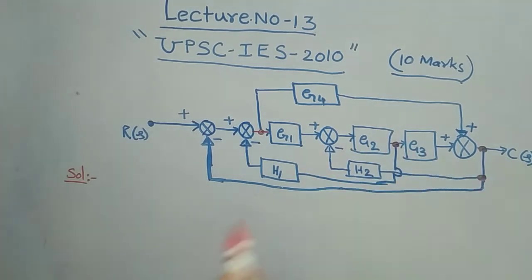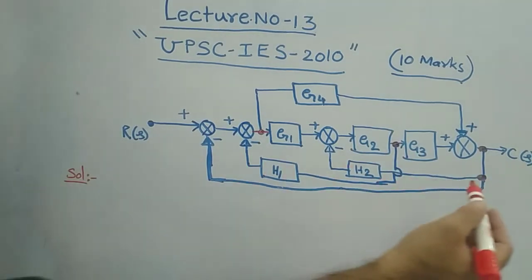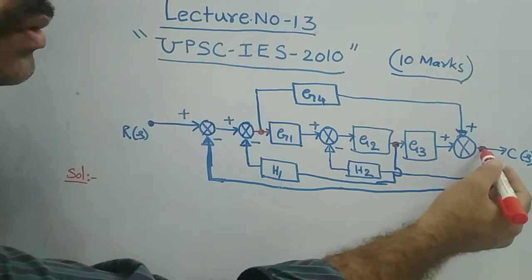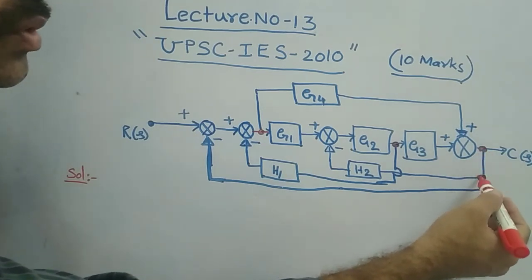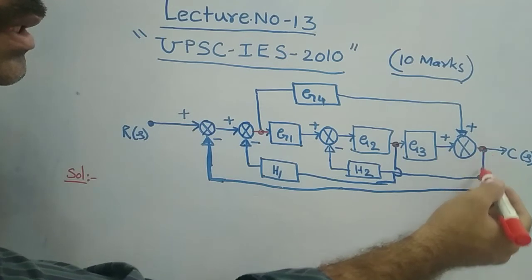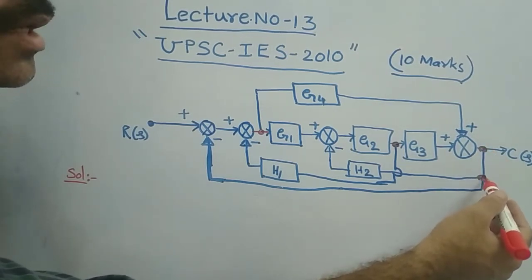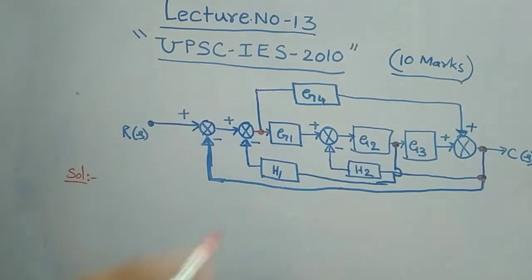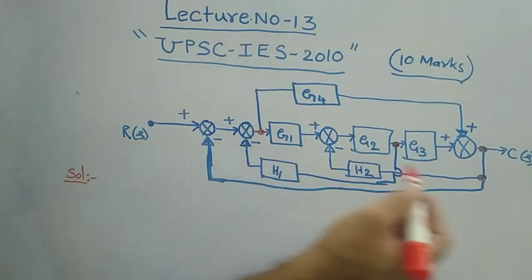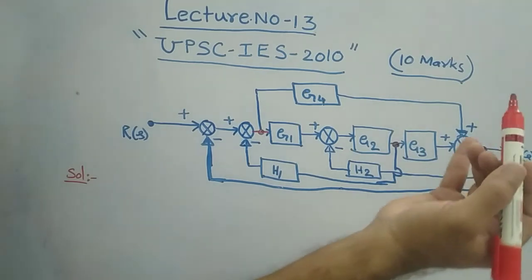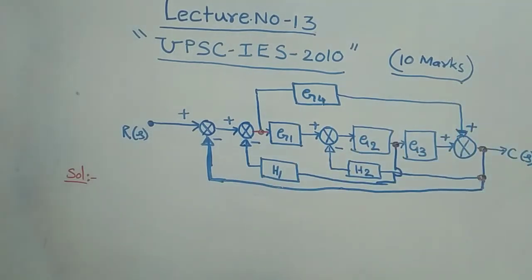But here remember that this point is nothing but also taken from this point only. Therefore, these two are on the same line. Therefore, it is not necessary to consider this as a separate node, because instead of these two, you consider one point as a node point. That's all.